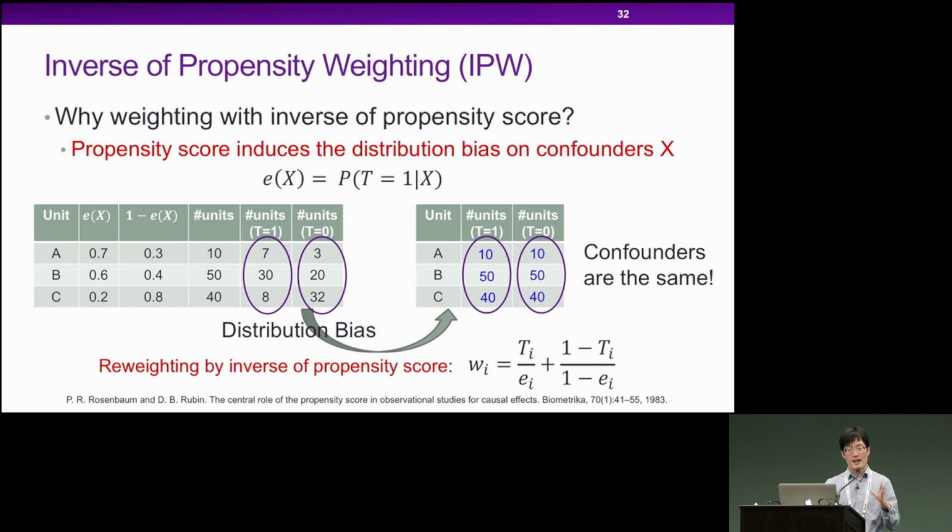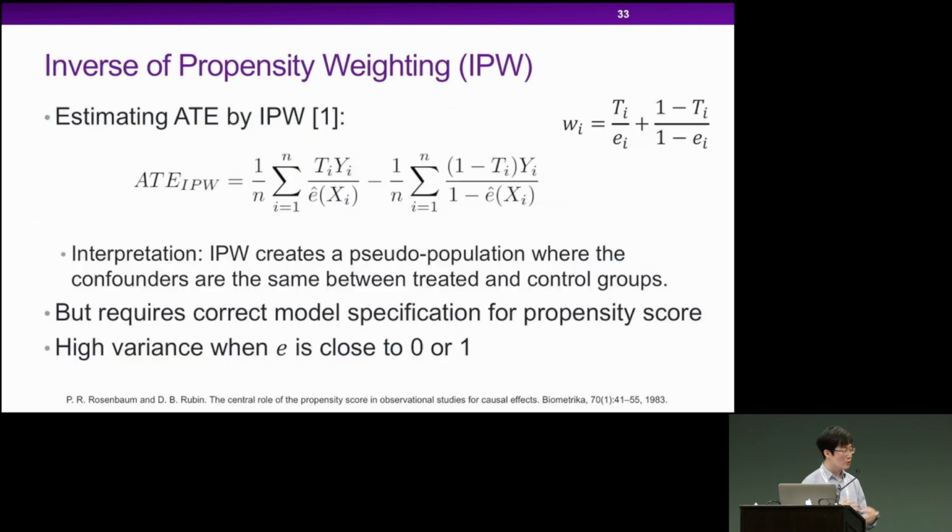If we can use the weighting to balance the confounder distribution, then it's quite straightforward to measure the ATE, right? It's like we have a new set of samples, the samples are the same, but their weights are different from the original data set.